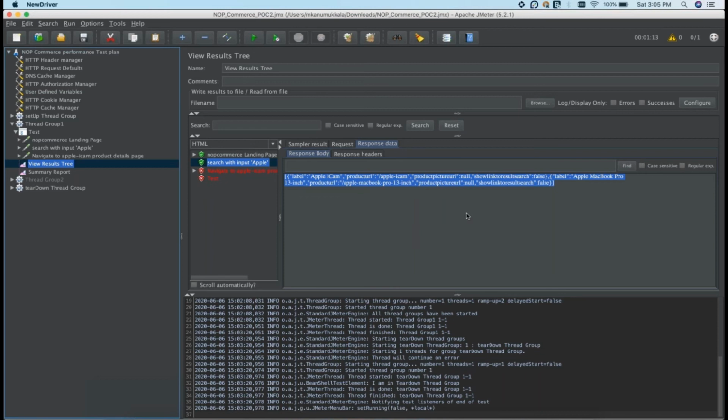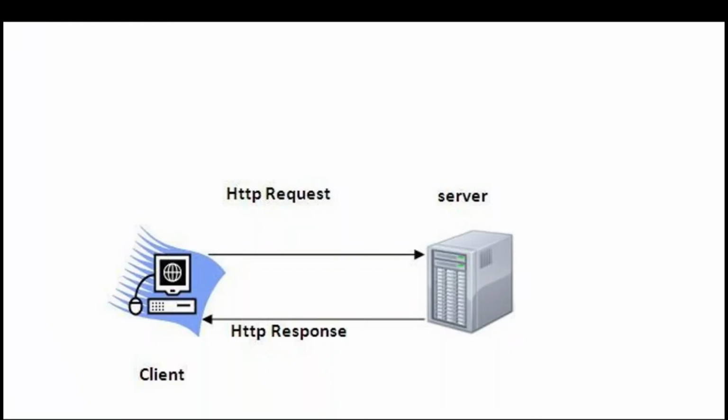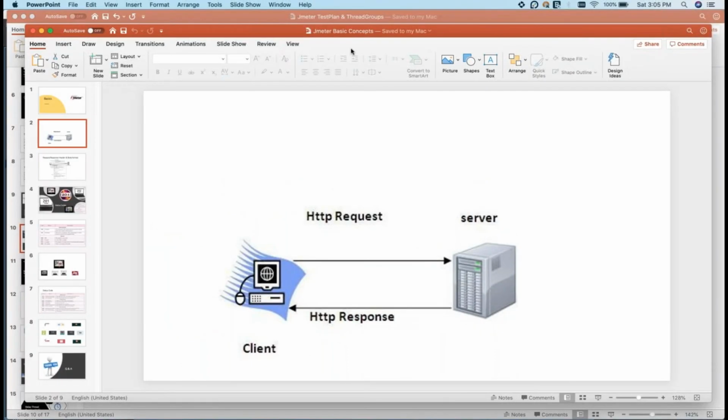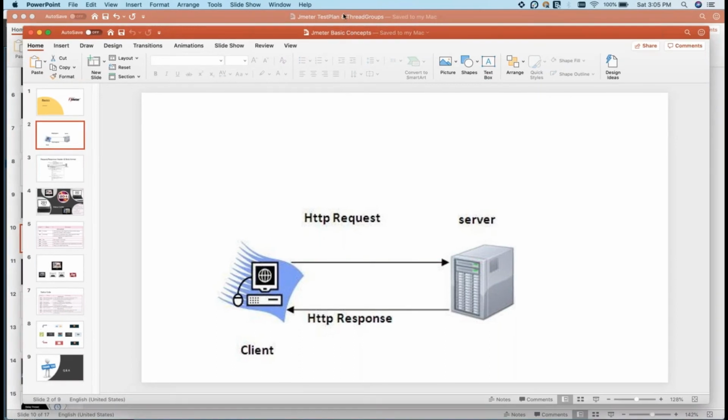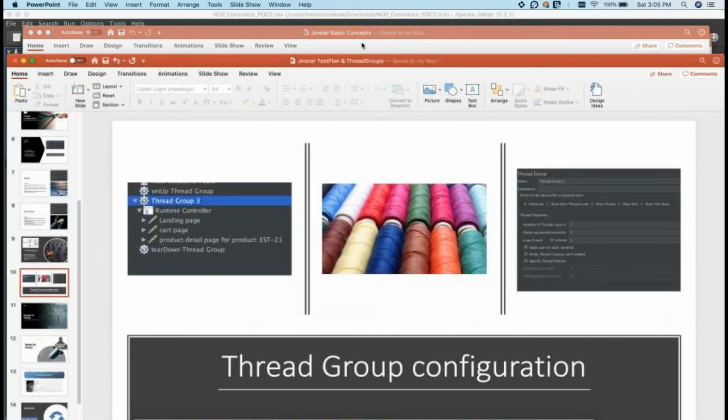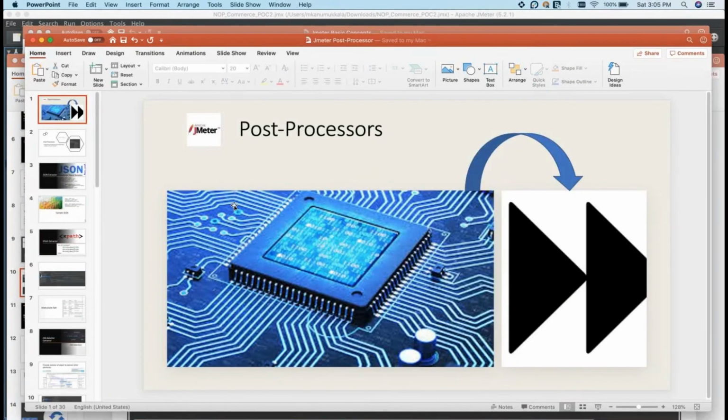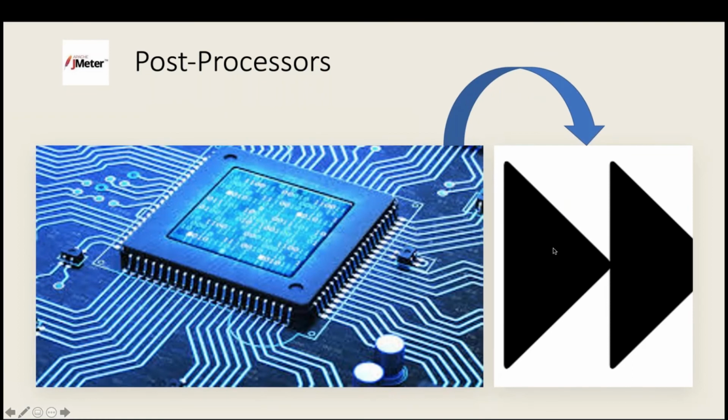To validate this response data, we have some elements in JMeter called post processors. Yeah, these are the post processors. The purpose of these post processors is that after processing a request, we get a response.